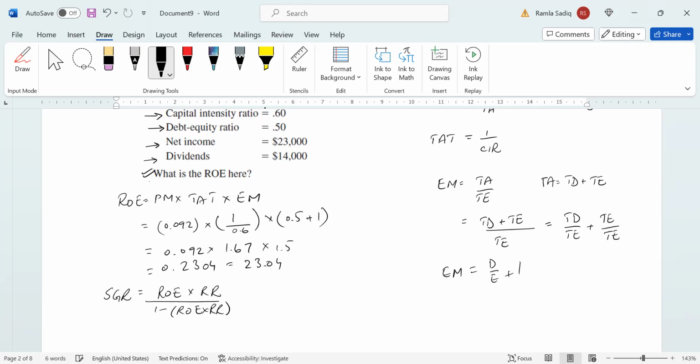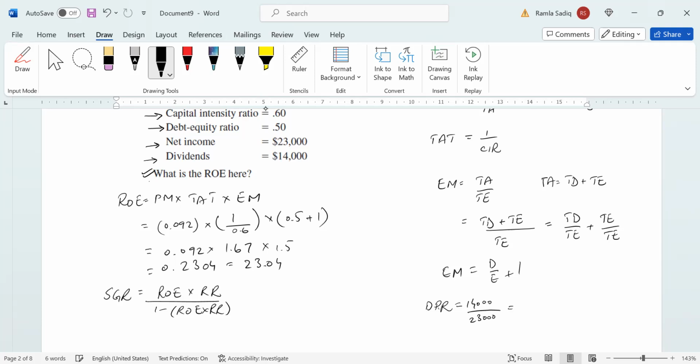Now, in this case, we don't have the retention rate, but we do have a value for the dividend payout. So here we're going to calculate our DPR. Our dividend payout ratio is equal to 14,000, the amount of dividends given, divided by net income, 23,000.